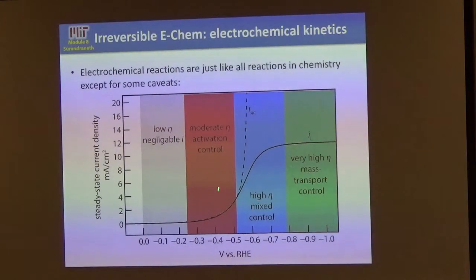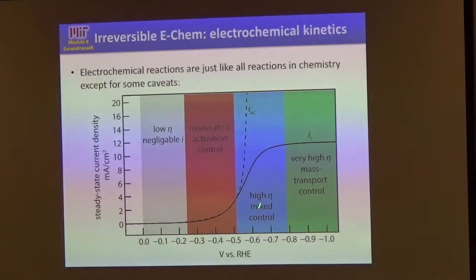Importantly, in this region, while I've increased the overpotential, I haven't increased it so much, so what I'm really expecting here is that the microscopic rate of these bond rearrangements at the surface will still control the overall rate. I won't be limited by, for example, the rate of H2 or protons getting to the surface.